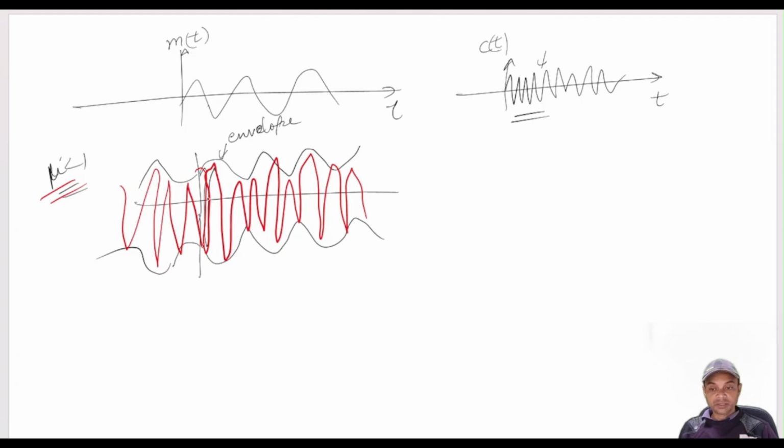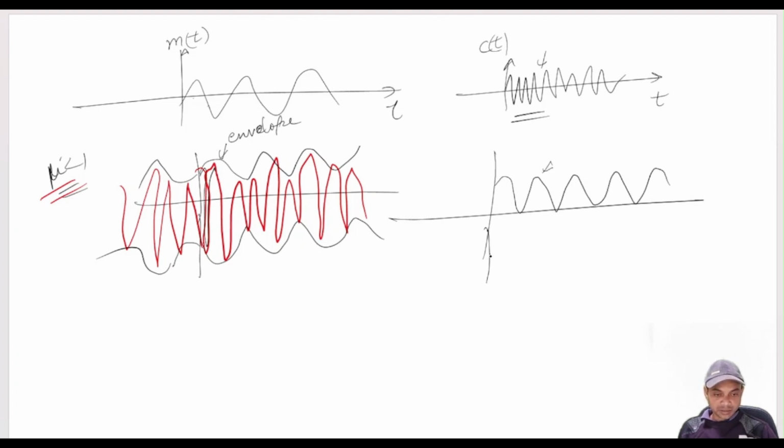What will happen when mu is equal to 1? When mu is equal to 1, then it will touch like that. This is our m(t), and our modulated signal will be like that.